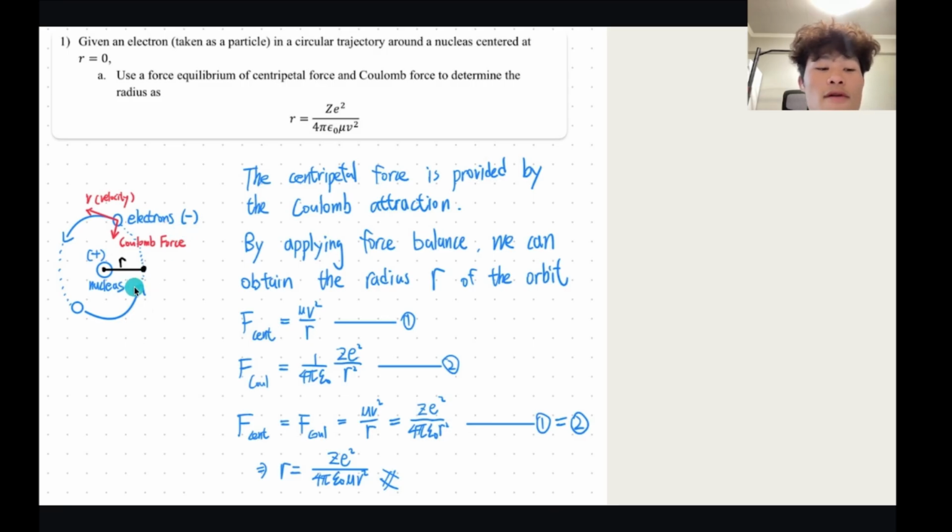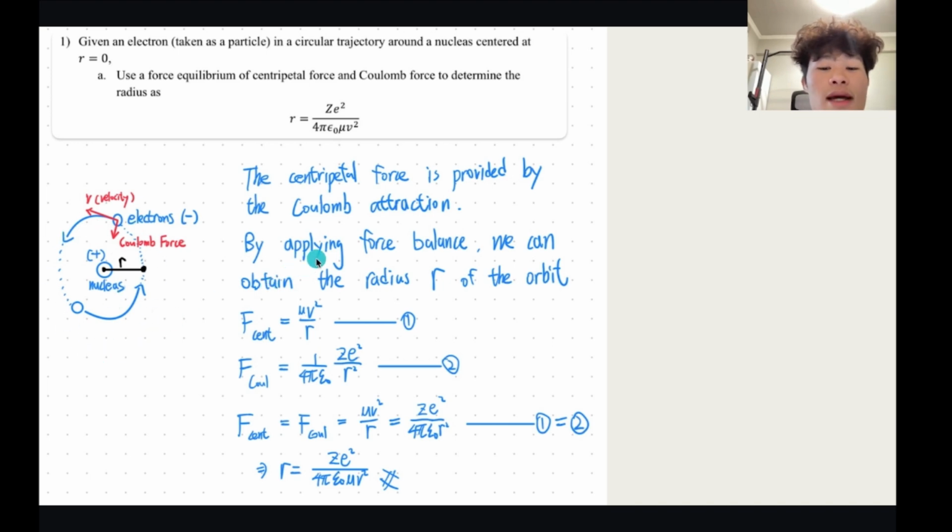The nucleus, however, is carrying a positive charge. So there will be a Coulomb force between them, an attraction force, and it provides the centripetal force so that the electron can continue to travel around the orbit.